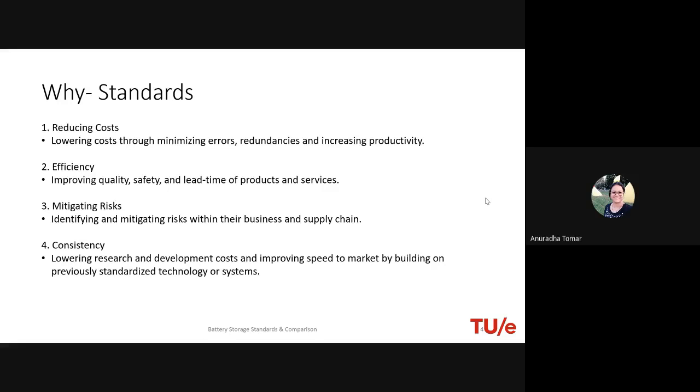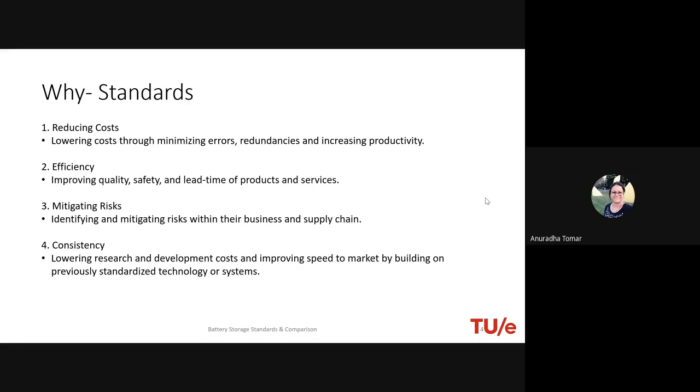So as per their need, some localized or regional changes could be there. But if a certain product is standardized as per the global standard, then we understand that there is a consistency, and this consistency helps in reducing the research and development cost, and thus it improves the speed to market of building on the previously standardized technology.